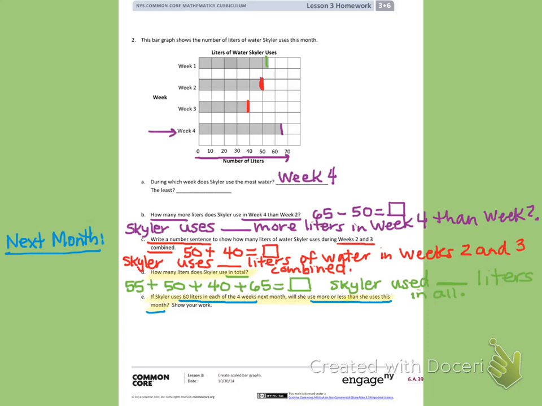Okay, if she uses 60 liters in week 1, and then 60 liters in week 2, and 60 liters in week 3, and 60 liters in week 4, how many liters will she have used altogether?